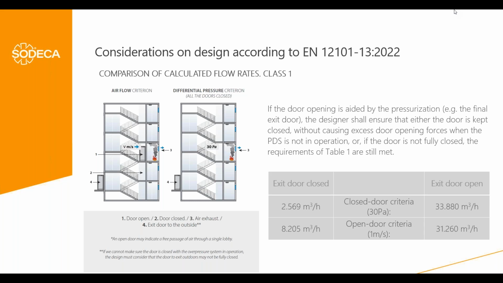Then we will know if the door will be 20% open, 30, 0, 10, etc. So it's risky. For the designer, it could be risky to consider a low percentage of opening of this final exit door.